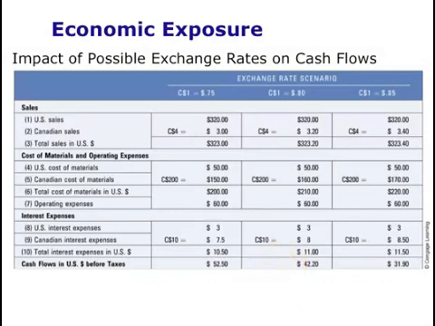Please note that this example is based on a one-period time horizon only. There's no time series. If firms have developed forecasts of sales, expenses, and exchange rates for several periods ahead, they can assess their economic exposure over time.